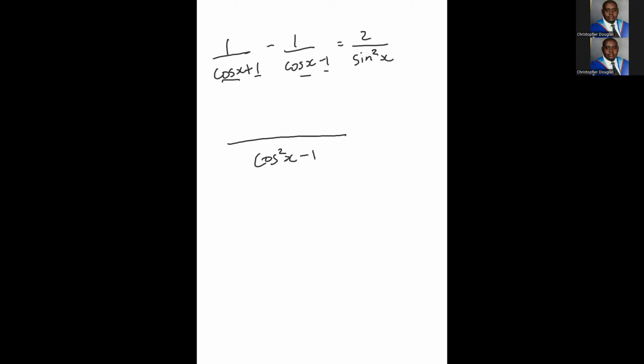Remember, anything multiplied by 1, you're going to get the same thing. So I'm going to get cos x minus 1 here. Look at this now. Minus, in brackets. Now I'm going to have to put what there? Because remember, this part over here is going to be multiplied by the other denominator.